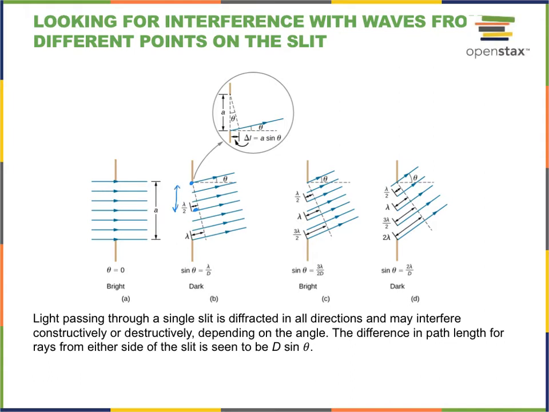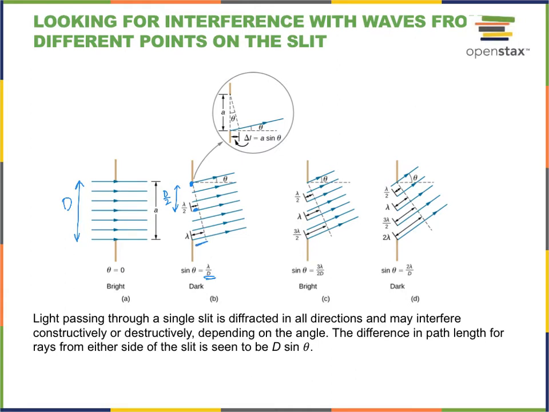They use some different labeling, which is kind of confusing. Here the size of the slit is D, where at the top they call it A, but anyway. So if this is D over 2, and we look at the difference between the path length for the top ray and the bottom ray, they're different by a wavelength.